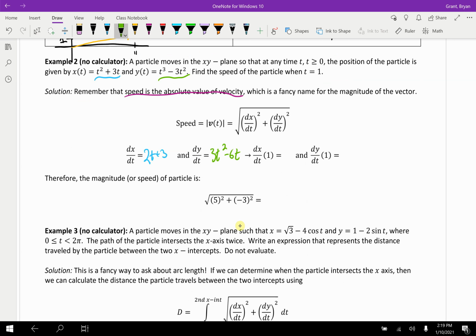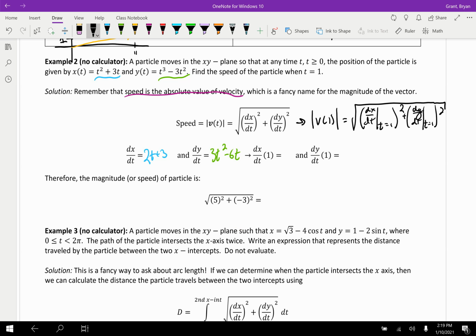And ultimately, again, if we want to know the speed when t is 1, then this should probably be better defined as the speed of the particle at 1 is, and then it's going to be dx/dt evaluated at t equals 1 squared plus dy/dt evaluated at t equals 1 squared.